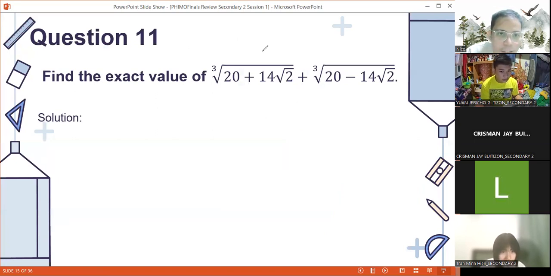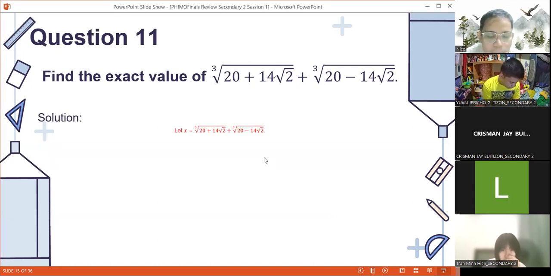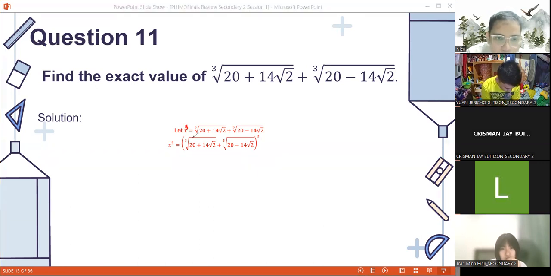Okay, so first we equate this one to x. So now we have x is equal to this value. To remove the cube root, we need to get the cube. So the x here, you cube it, and then everything here, you cube it also, right?